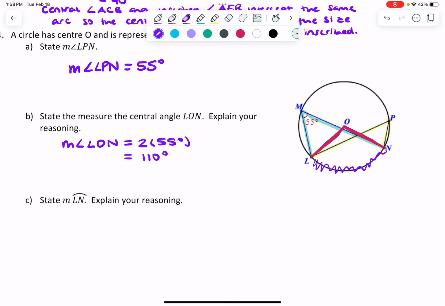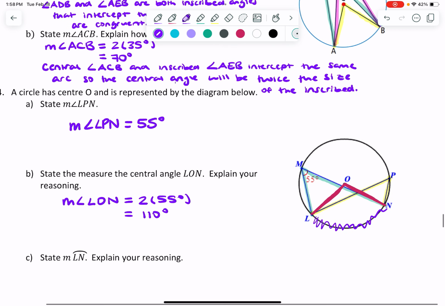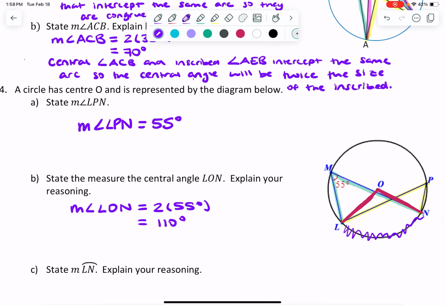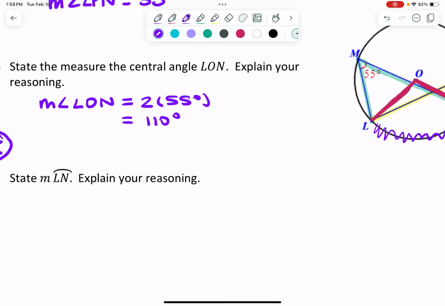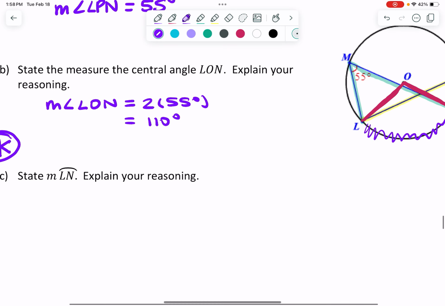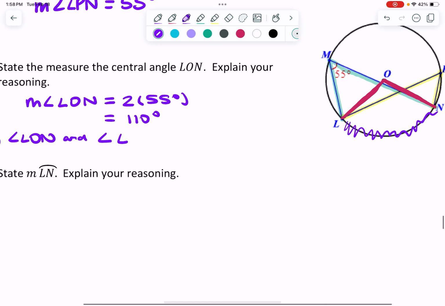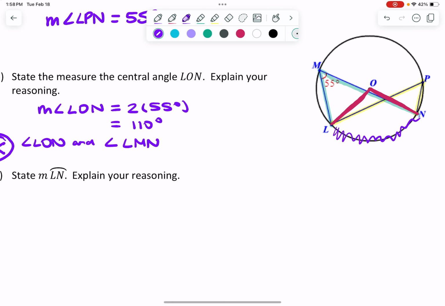Now, this one does tell me to explain my reasoning, and I am going to say something very similar to what I said above. Of course, my wording might change slightly, but I'm looking for commonalities here because it's the same property. Okay, so I'm going to say angle LON and angle LMN intercept the same arc.